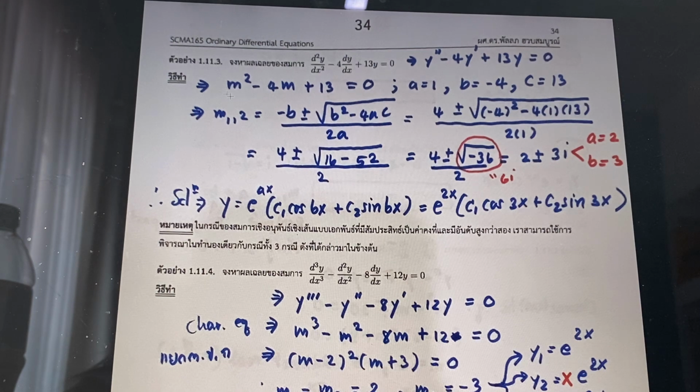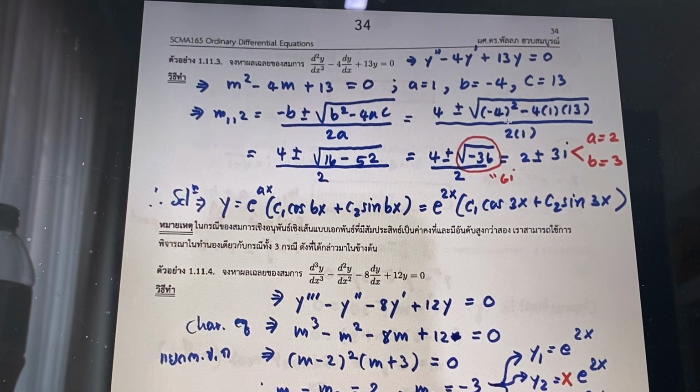And we can write the characteristic equation to be m squared minus 4m plus 13 is equal to 0. And once again, similarly to what we did before, you can see a equal to 1, b equal to negative 4, and c is 13. Therefore, you have the quadratic formula. The two roots m1,2 is equal to minus b plus and minus the square root of b squared minus 4ac, all divided by 2a.